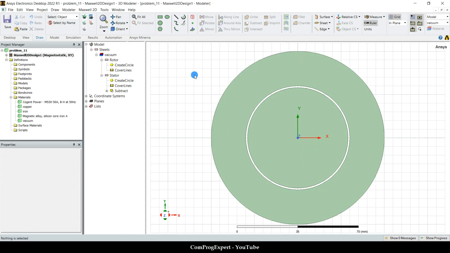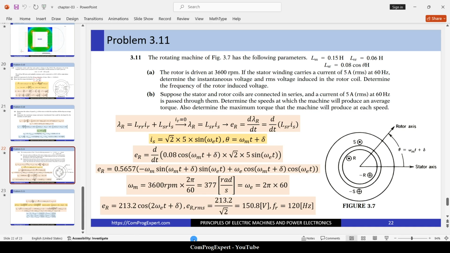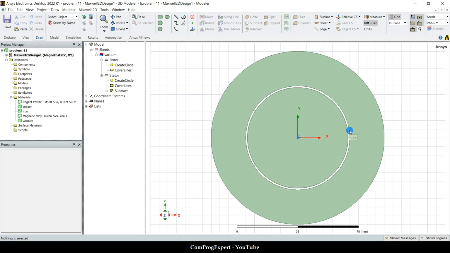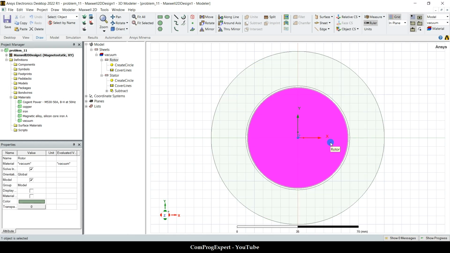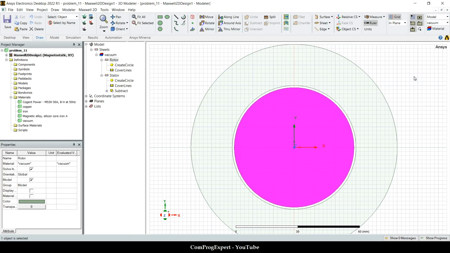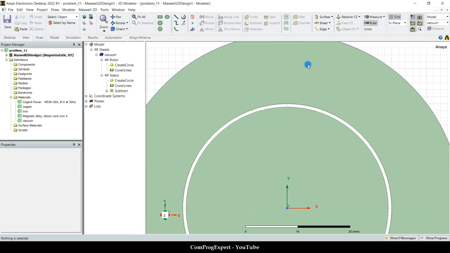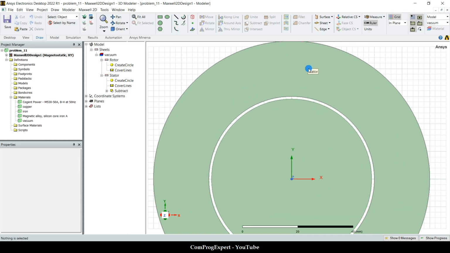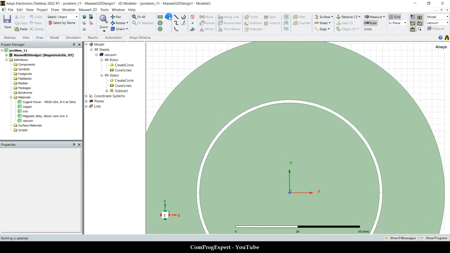How can we generate the geometry of the windings? I'm going to consider two slots in the stator core and the rotor core. So let's generate a geometry like this.